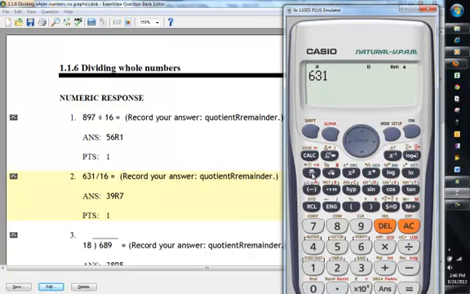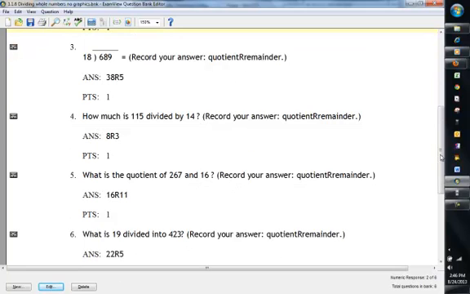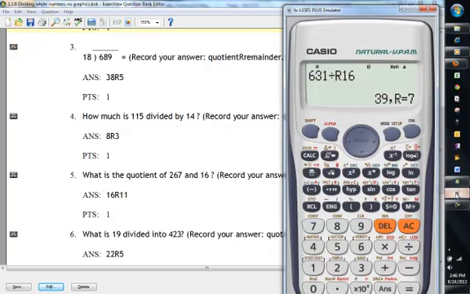631, and now we're doing the same division, only see they have a different kind of divide by sign now, divided by 16, and we get 39, remainder 7. Next one, 689, and we're going to divide with the remainder by 18, and we get 38, remainder 5.